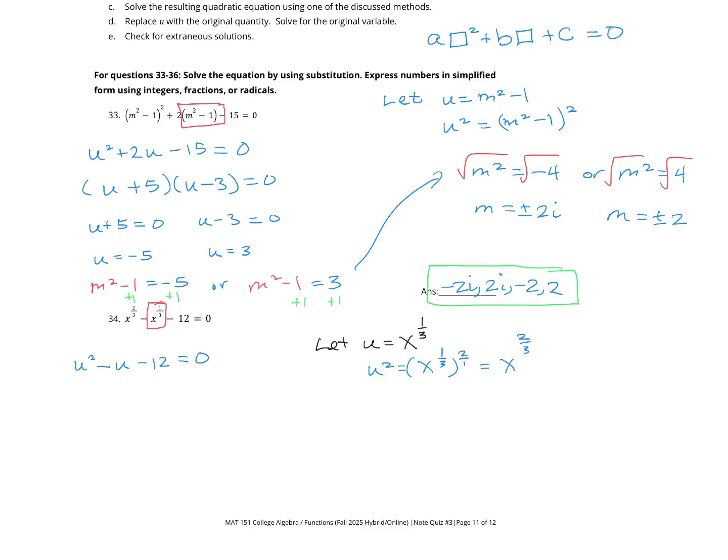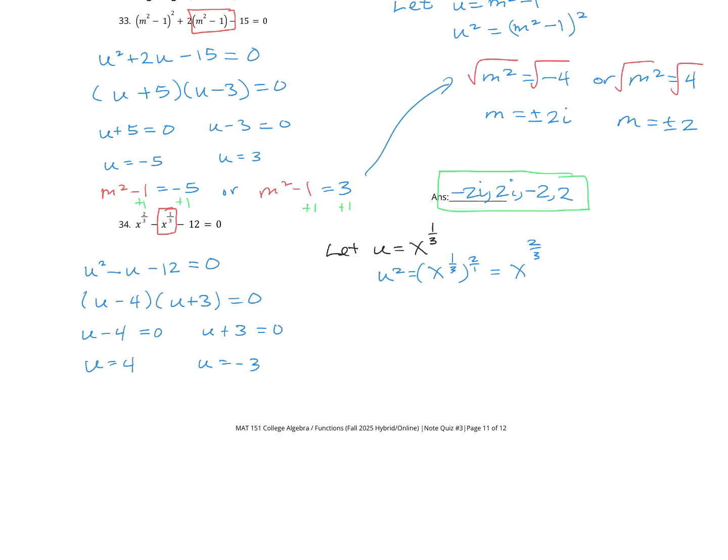Once again, this equation factors very nicely. It's u minus 4 and u plus 3, that's equal to 0. So either u minus 4 equals 0 or u plus 3 equals 0. So u is 4 and u is negative 3. But again, we didn't want u's, we wanted x's this time. So what we do is we swap out what the u was.